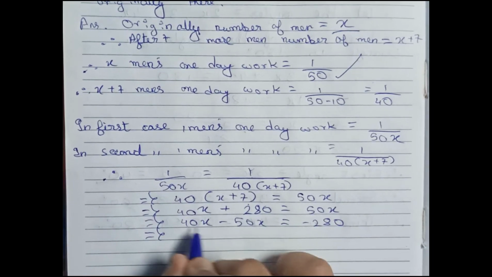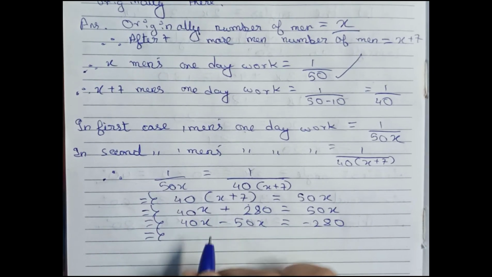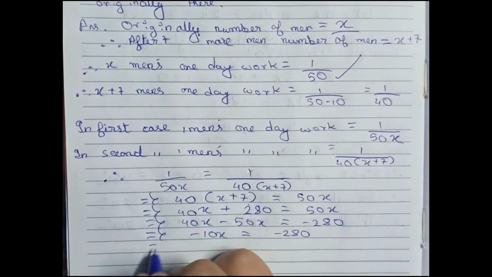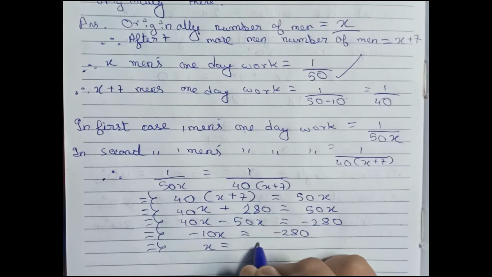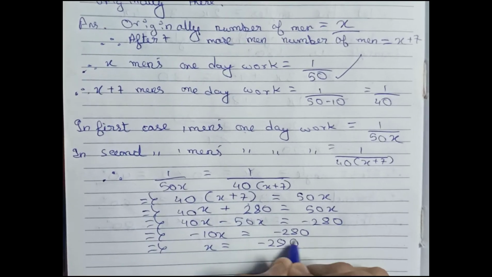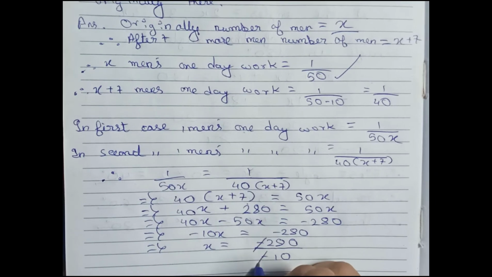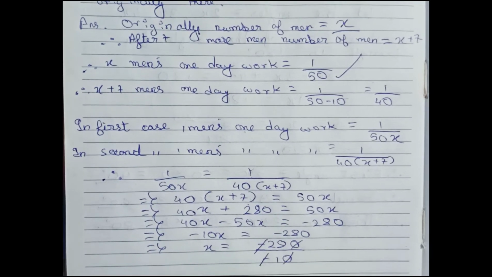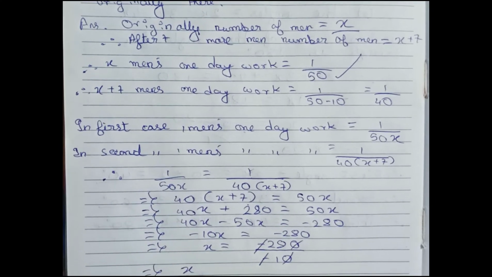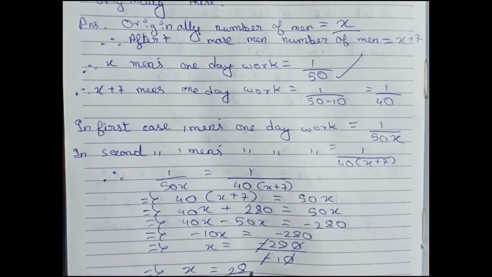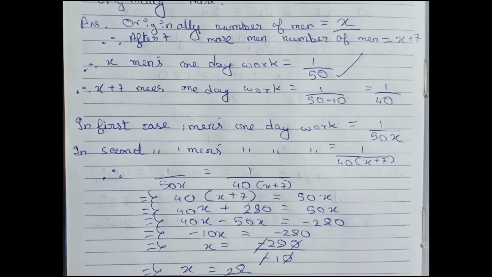So 40x minus 50x becomes minus 10x equals to minus 280, which becomes x equals to minus 280 by minus 10. So first we cut the minus, then I cut 0 and 0. So it becomes x equals to 28. So originally there were 28 men, and 28 is our final answer for this question.